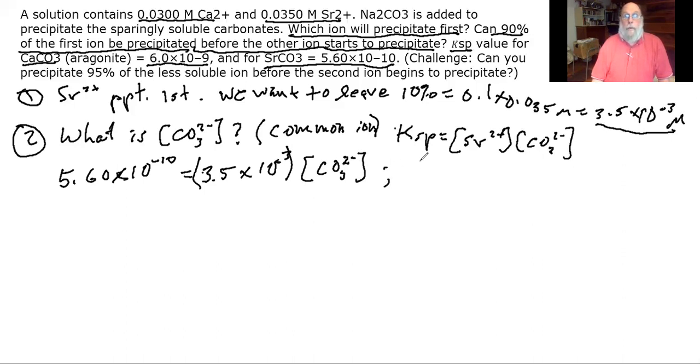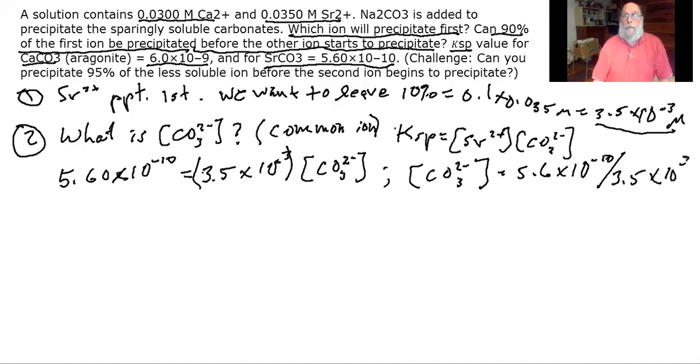So carbonate ion concentration is going to be equal to 5.6 times 10 to the minus 10 divided by the strontium concentration, 3.5 times 10 to the minus 3. And so that is 1.6 times 10 to the minus 7.